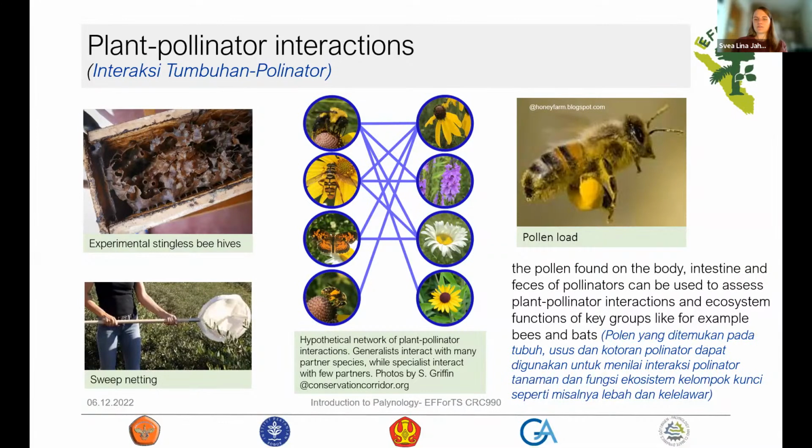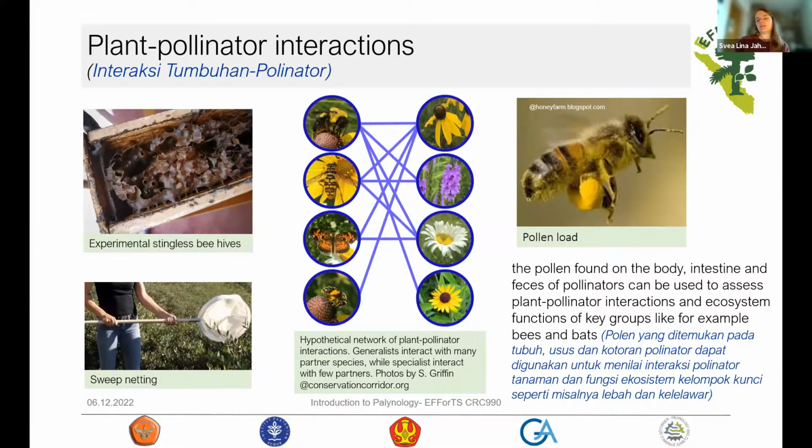This is important to understand how our ecosystem functions, as pollinators are certainly a key group and produce almost all of our food. So we should know about how pollinators interact with plants in our environment.